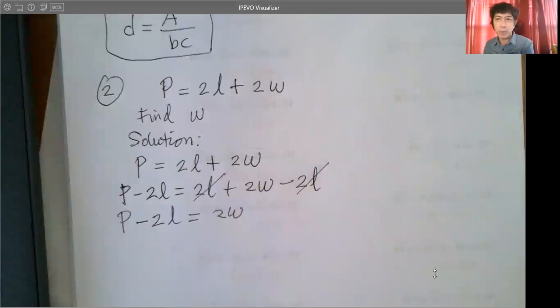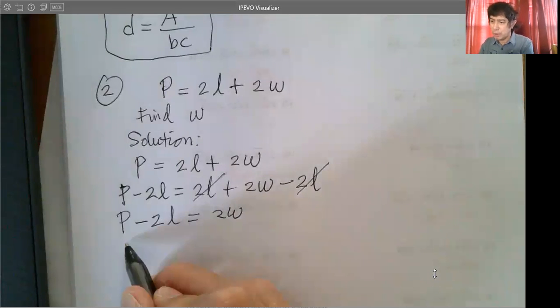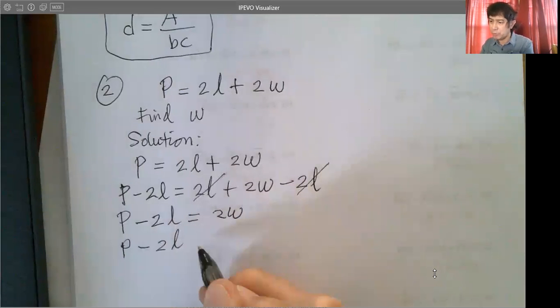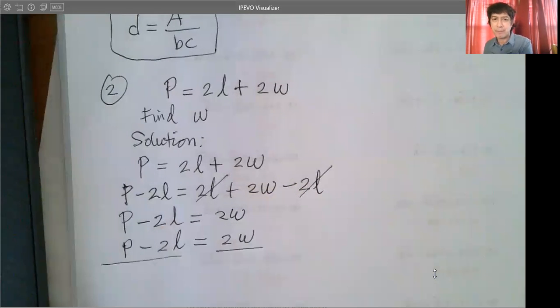Now, we're after W, not 2W. It's W only, and there's still a number 2 there. So what you need to do is divide by 2 for the next step. After obtaining P minus 2L equals 2W, we shall divide both sides again by the number 2.